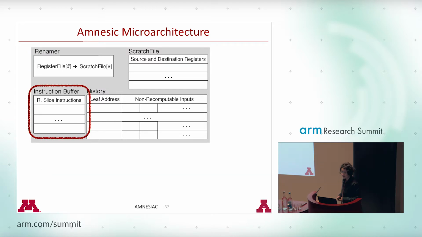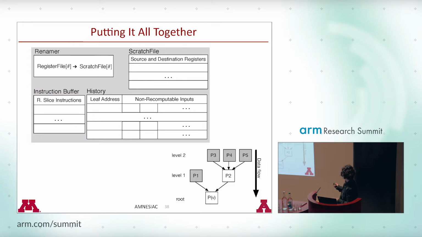And finally, we have an optional structure, the instruction buffer, which can reduce the pressure on the instruction cache as recomputation takes place. Now, putting it all together, if the Amnesic Scheduler decides that recomputation is energy efficient, it sets a dedicated flag, the so-called recompute flag. If the recompute flag is reset, no recomputation takes place, and Amnesic execution becomes equivalent to classic execution.